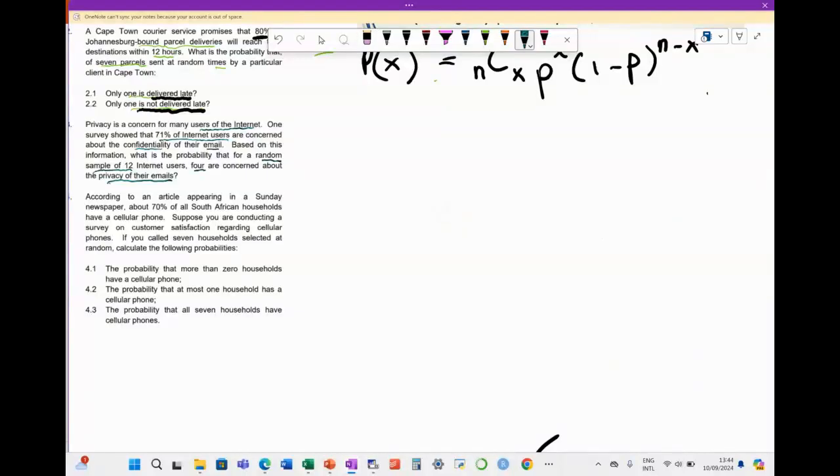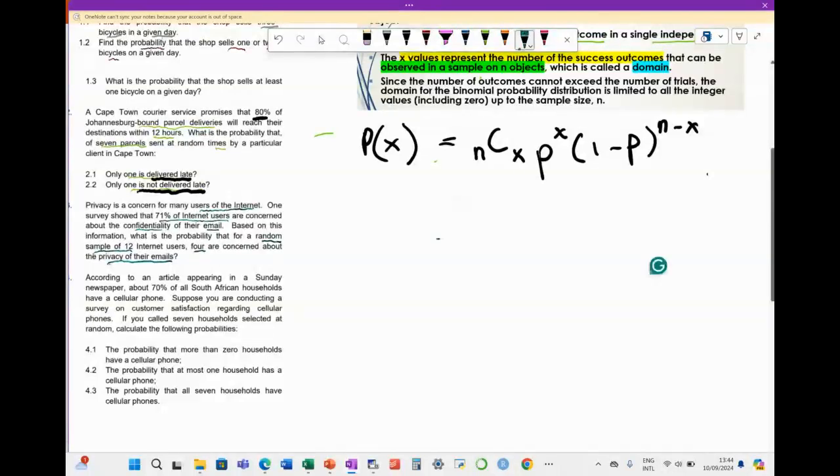So what color was I using? Yes. So here we're now saying the number of observations is 12, combination, but we're looking for 4, okay? And the success would be what? What's the probability of success? 71. Yes, it's 71 because we are actually talking to people being concerned about their privacy. And they told us a survey shows 71% of internet users are concerned about confidentiality.